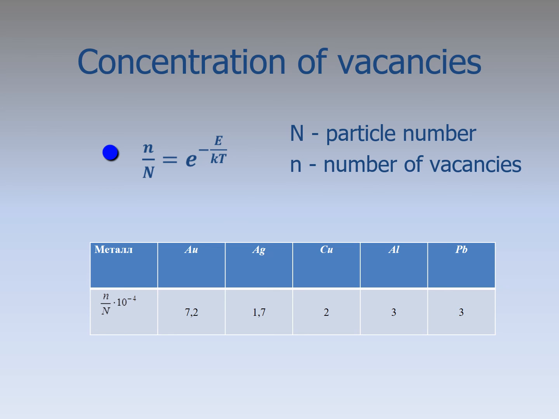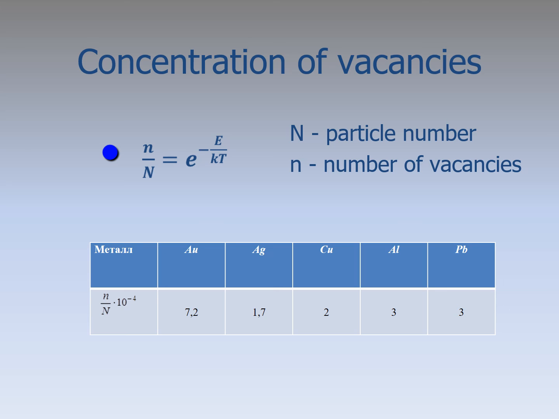Having built the graph in coordinates of ρ and temperature of quenching, by the slope we determine the value E, and by its value we calculate the values of n, derived from big N, at different temperatures.